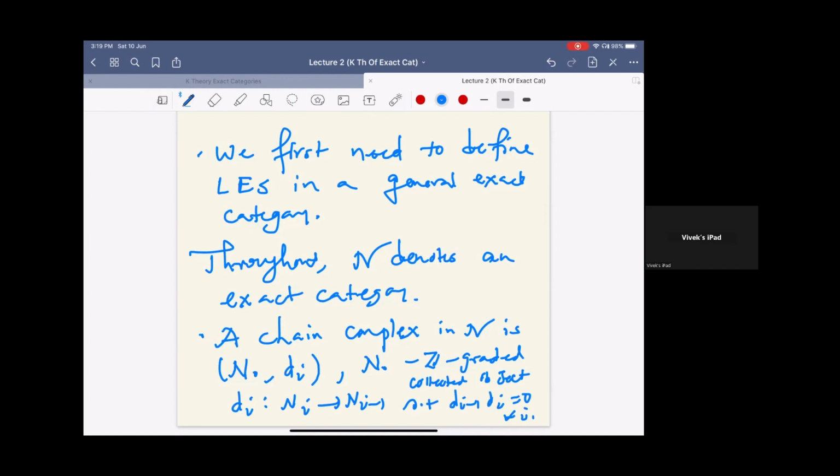So a chain complex in a category N is just a collection of Z-graded objects, there may be some negative terms, and a collection of morphisms from N_i to N_{i-1} such that d_{i-1} times d_i is 0. So this is the definition of a chain complex.